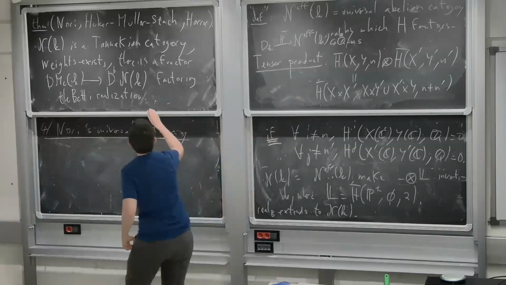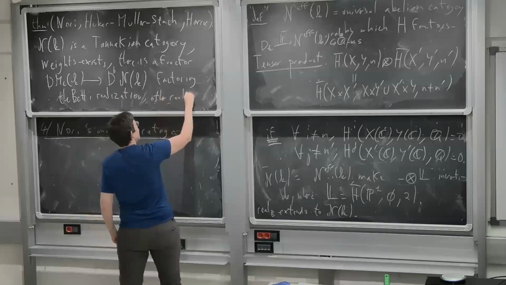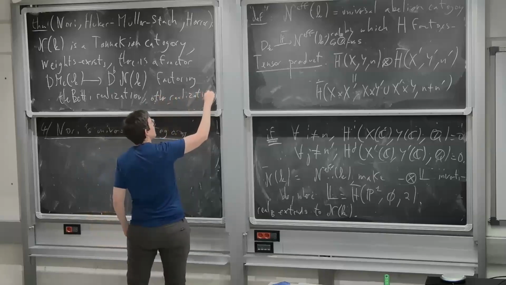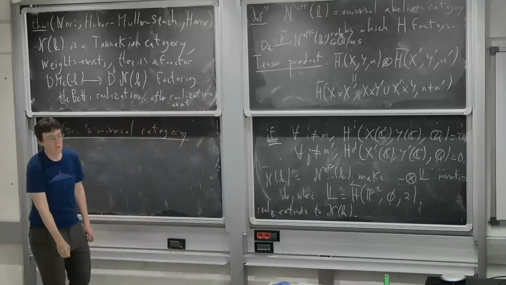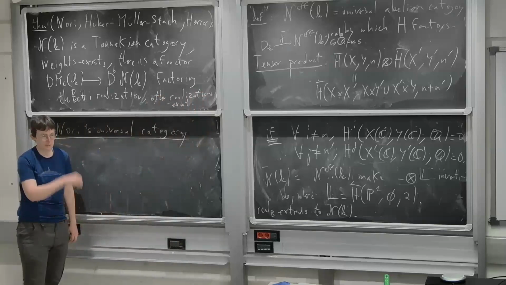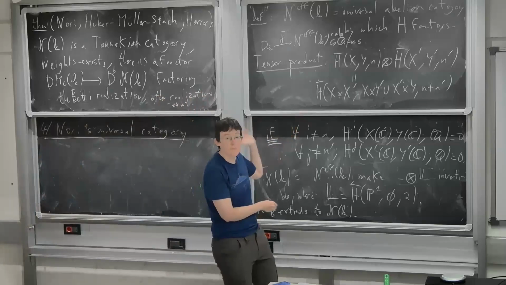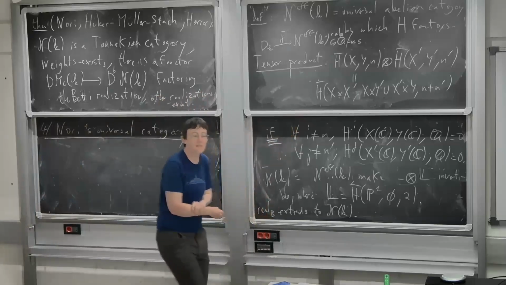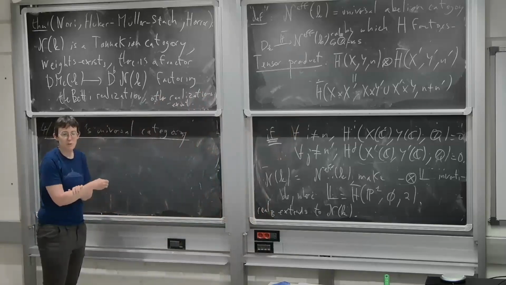So maybe here I should write all the realization functors. You can prove that the l-adic realization and the Hodge realization exist, but I think this construction is not the best way to do it. If I have time, I'll say more about how you construct the other realizations.